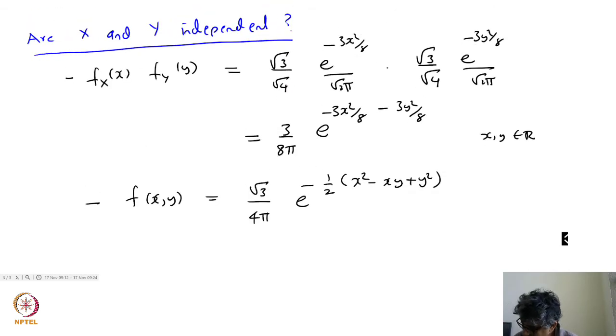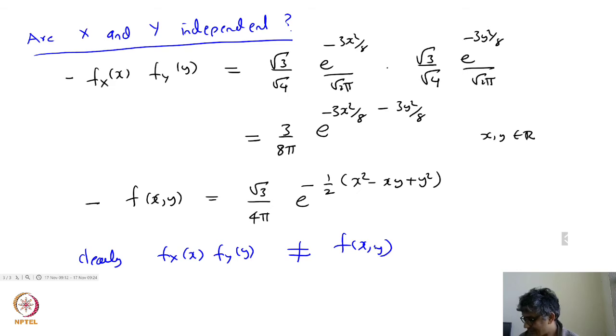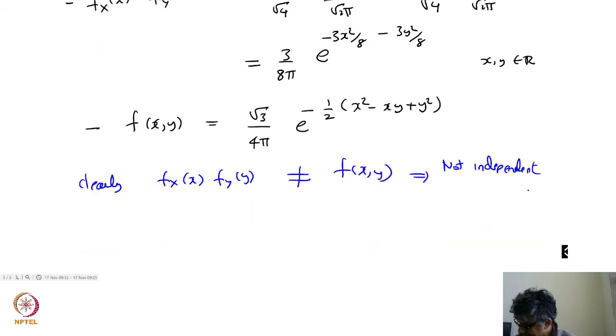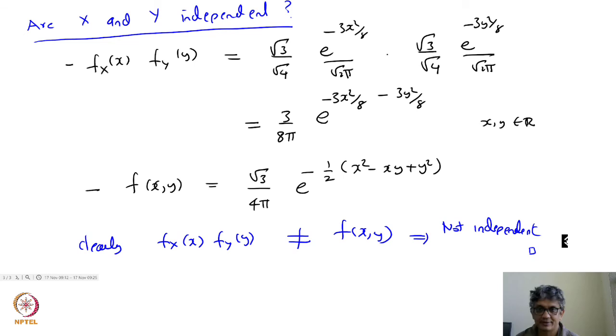So clearly f sub X at x times f sub Y at y is not equal to f at x,y. Therefore, they are not independent. So the first observation is that x and y are not independent.